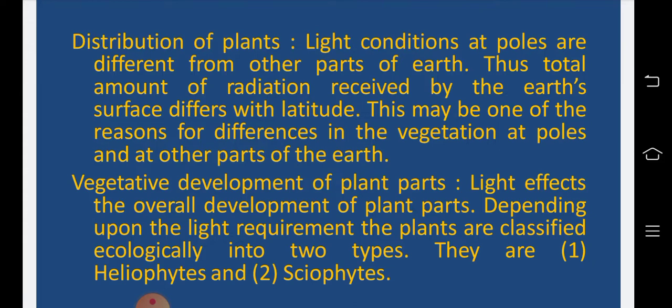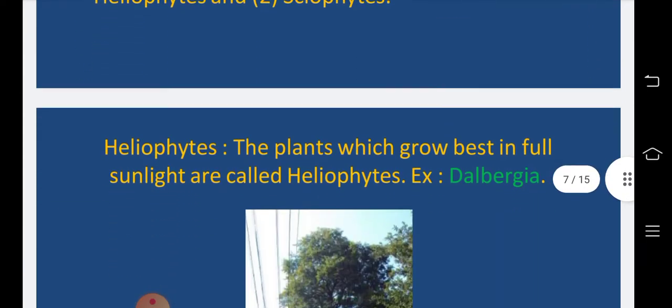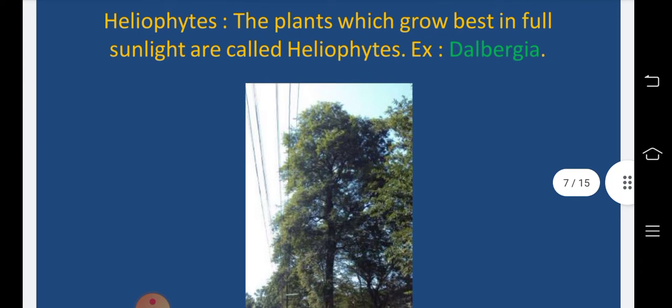Vegetative development of plant parts. Light affects the overall development of plant parts. Depending upon the light requirement, the plants are classified ecologically into two types. They are heliophytes and sciophytes. The plants which grow best in full sunlight are called heliophytes.